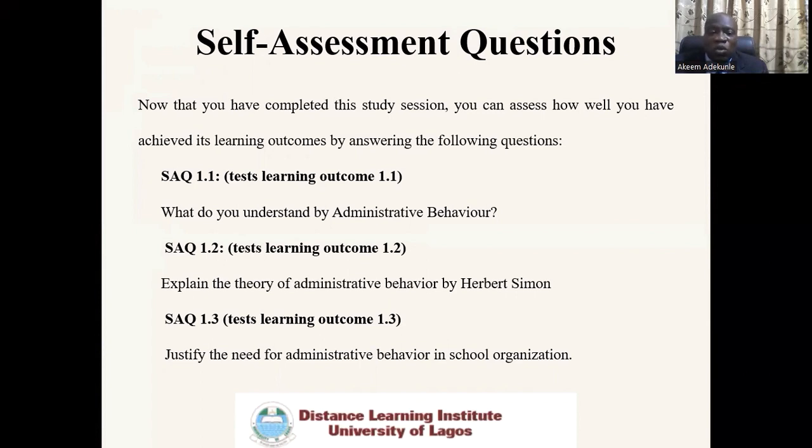Self-assessment question 2, which tests learning outcome 2, is that you explain the theory of administrative behavior as conceived by Herbert Simon. And finally, the third self-assessment question, which tests learning outcome 3, is that you need to justify the need for administrative behavior in school organization.